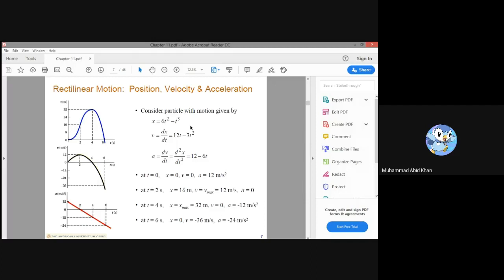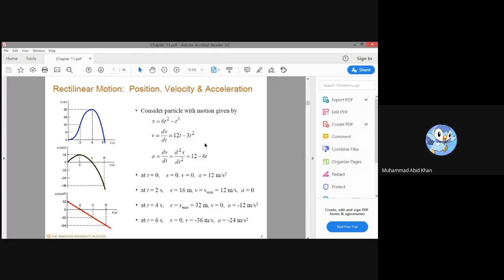We take the derivative. Let's say this equation is given in the question. We want to get the velocity, so the first time we take the first derivative, and we get the velocity.